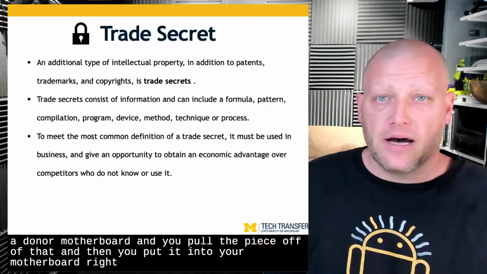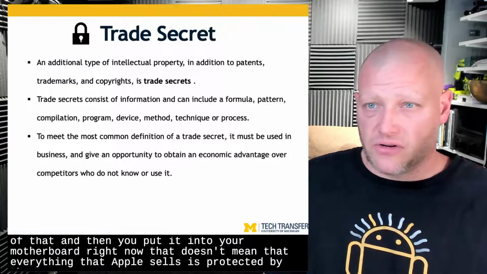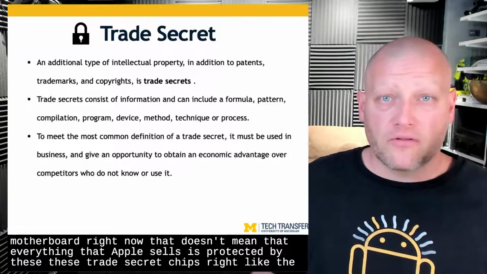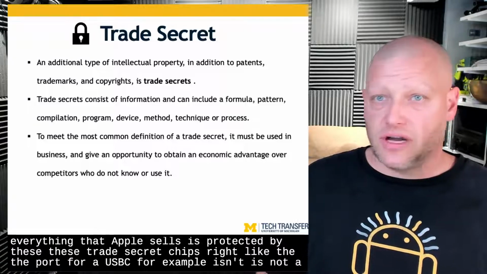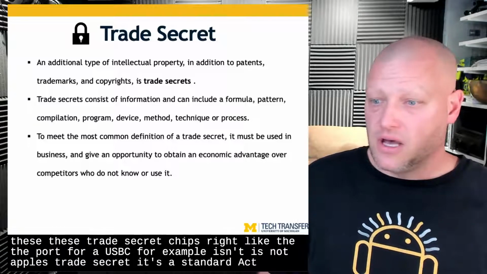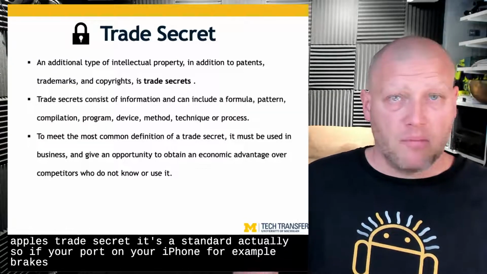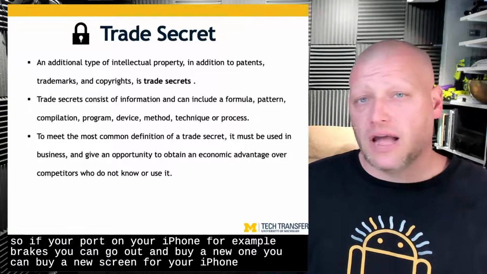Now that doesn't mean that everything that Apple sells is protected by these trade secret chips, right? The port for a USB-C, for example, is not Apple's trade secret. It's a standard, actually. So if the port on your iPhone breaks, you can go out and buy a new one. You can buy a new screen for your iPhone if you crack it, those kinds of things.